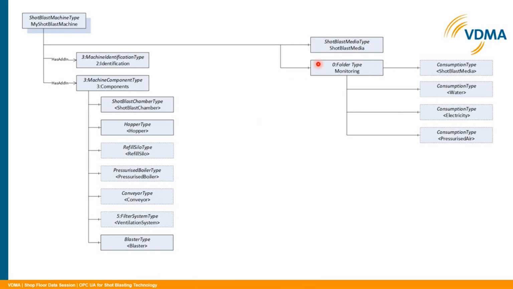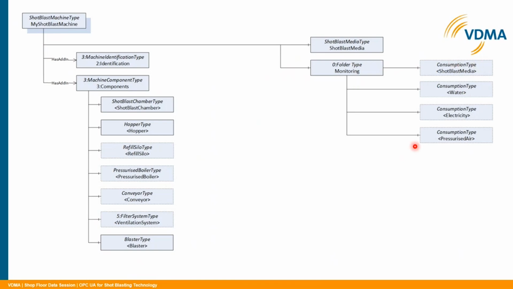And beside the shot blast media type, we also implemented a monitoring folder that is giving you a place to put all the monitoring variables, monitoring information that are suitable for the whole shot blasting machine. So if the whole machine has some parameters, some variables to track, then they are structured in the monitoring folder.